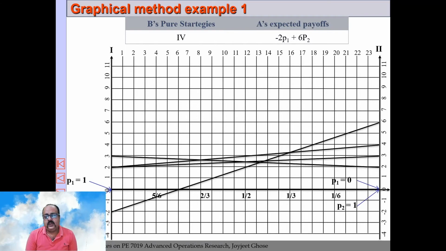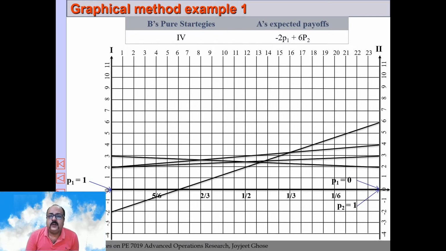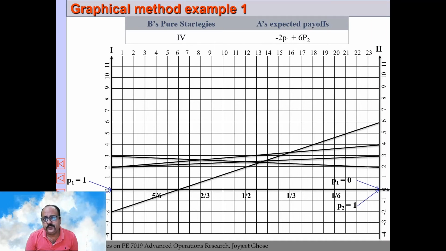Now here we are interested in finding out the maximum of the minimum, from A's point of view. We are trying to find out the values of P1 and P2.